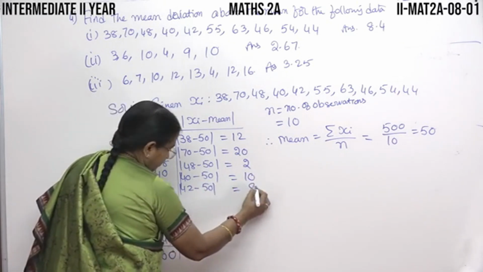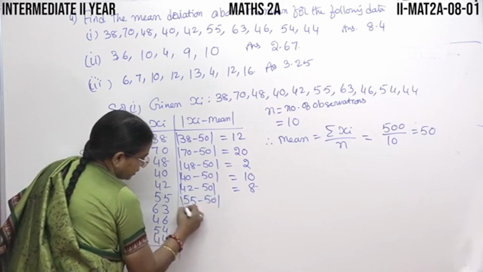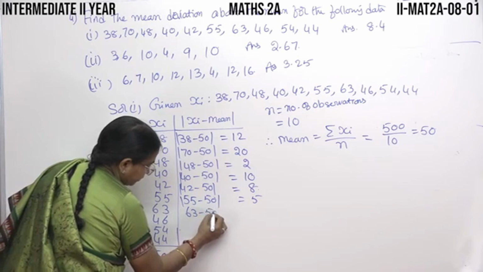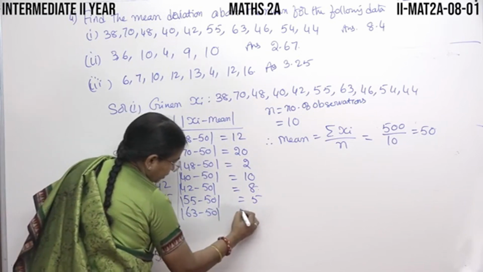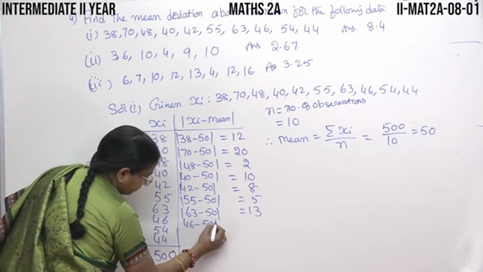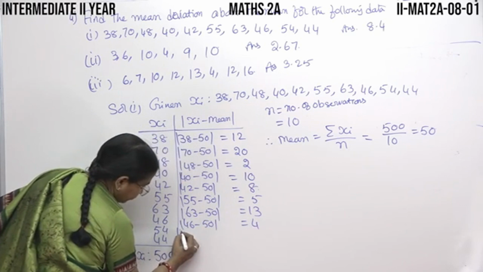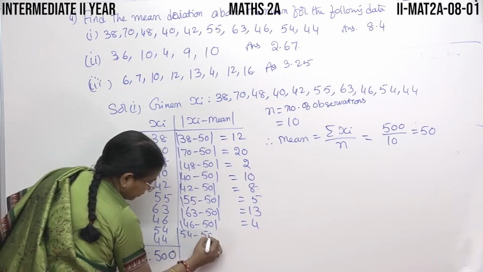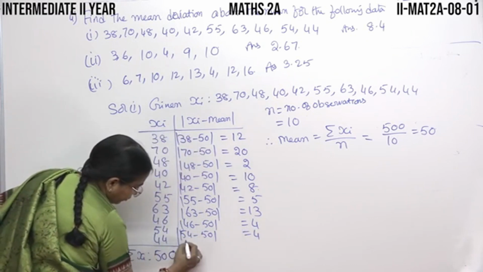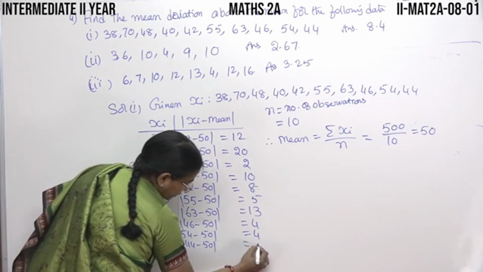This is 8. And here 55 minus 50, that is 5. And then 63 minus 50, 13. And then 46 minus 50, 4. And this is 54 minus 50, that is 4. And then 44 minus 50, that is 6.